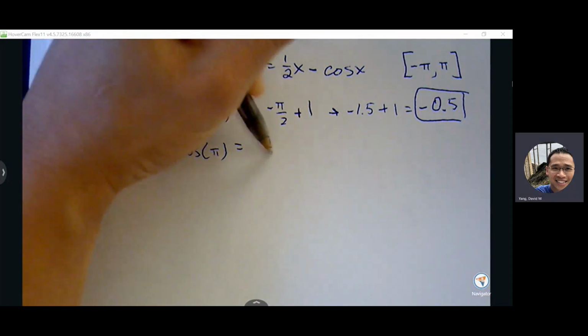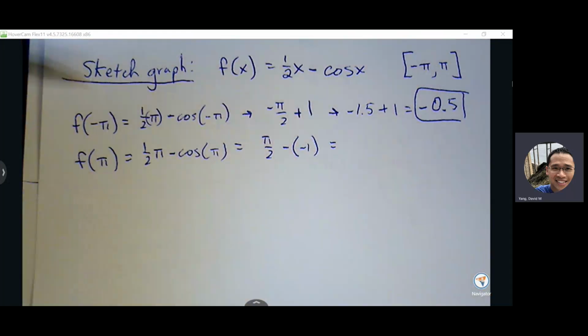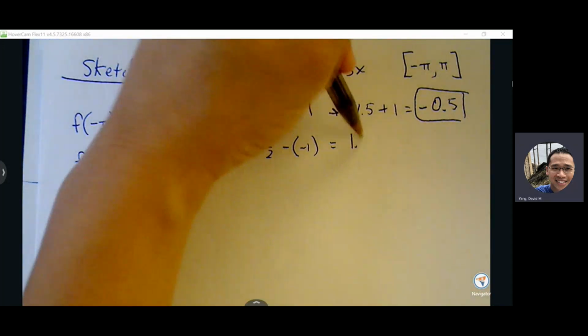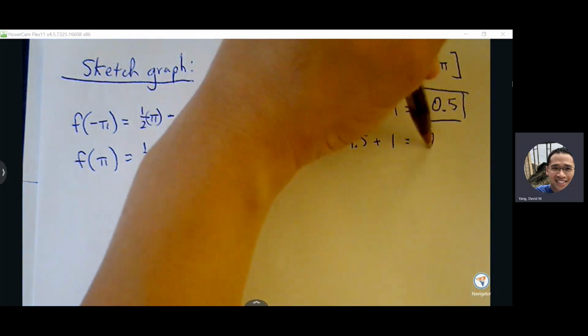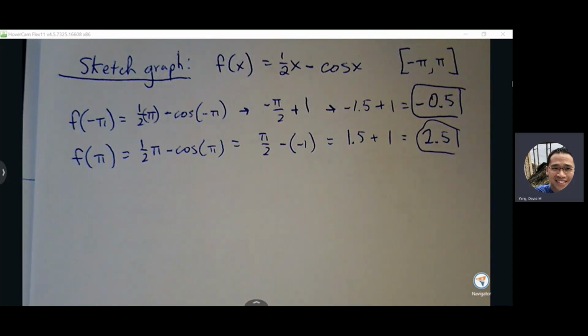I have pi over 2 minus the same thing, negative 1. So this time it's pi over 2 plus 1, so it's 1.5 plus 1. So we end up at 2.5. So my graph will start at negative 0.5 and it's going to end up at 2.5.